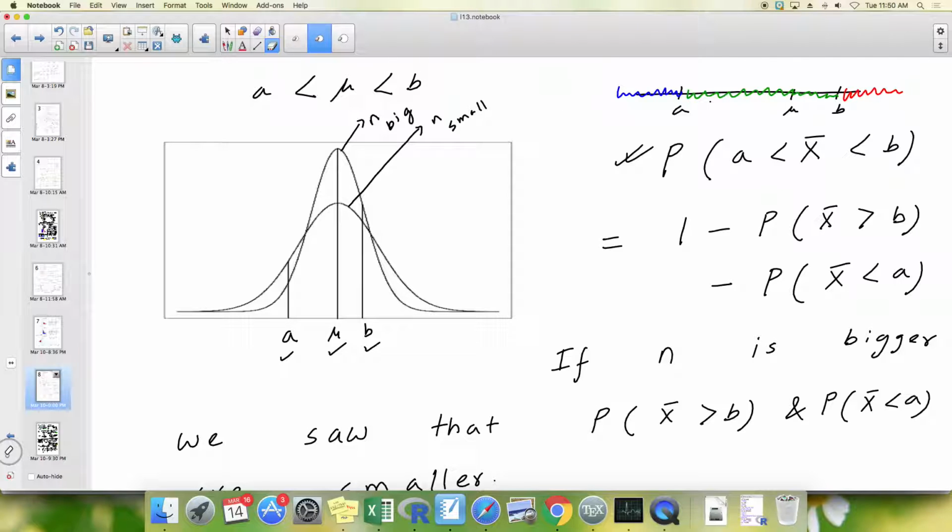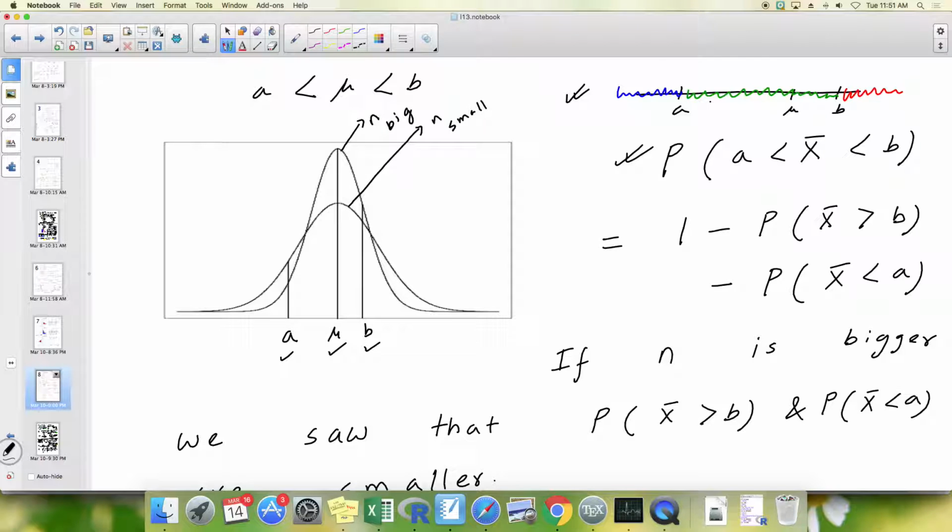So look at this. Suppose you can see the number A, the number mu, the number B. So x bar between A and B means the green portion. That's the middle region. X bar bigger than B, I've shown in red. And x bar smaller than A, that's like the blue. Now, the blue, the green, and the red make up the whole region.